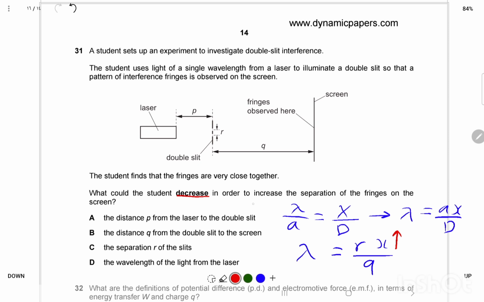So I want to increase X. Clearly C is the correct answer. The separation of R must be decreased because, as we said, R and X are inversely proportional. They are on the same side of the equation.